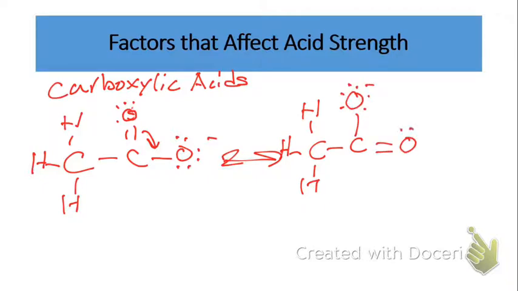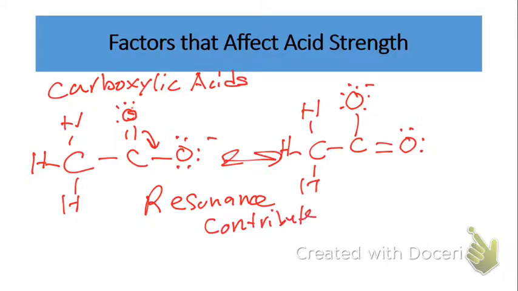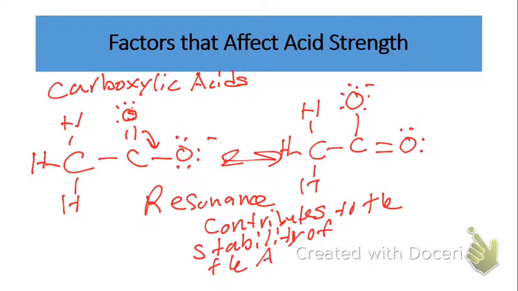Now the double bond is on that oxygen, okay? So because of resonance structures here, this is going to contribute to the stability of the anion. In fact, the more resonance structures that can be made, the more stable the anion will be. In this case, it can form two resonance structures, so it increases the stability quite a bit.